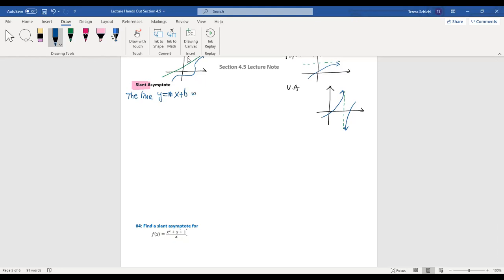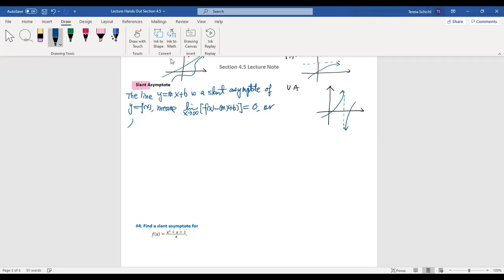If this line is a slant asymptote of the function y equals f of x, that means the limit as x approaches infinity of f of x minus (mx plus b) equals 0. That is, the distance between my function and this line goes to 0.